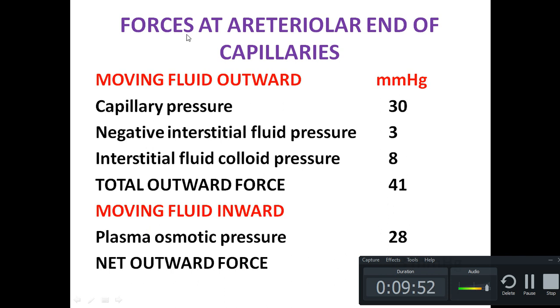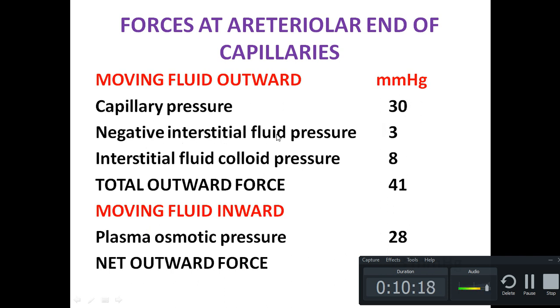Now we will study the forces that are acting at the arteriolar end of the capillaries. So there are the same four forces, but the first three forces are trying to push the fluid outward. Number one is the capillary hydrostatic pressure, that is 30 millimeter of mercury.